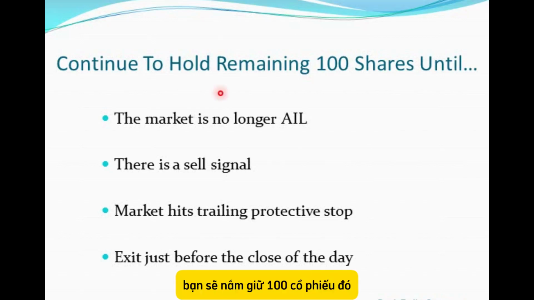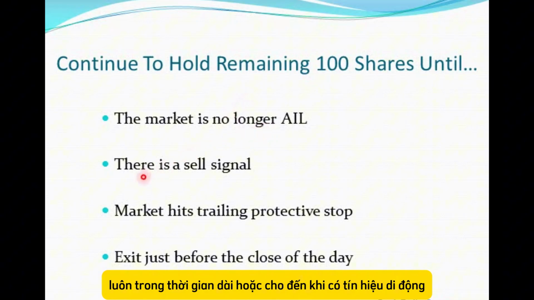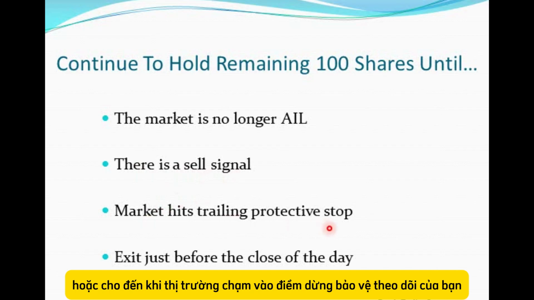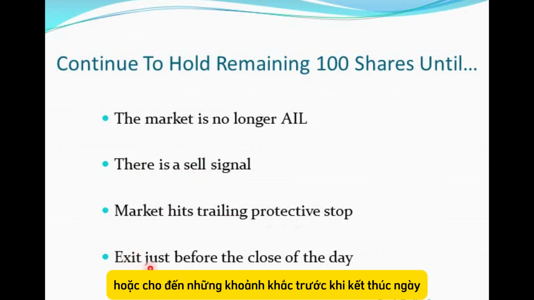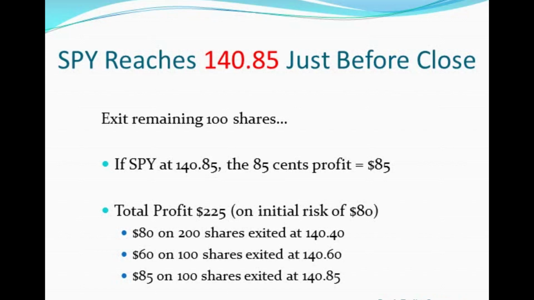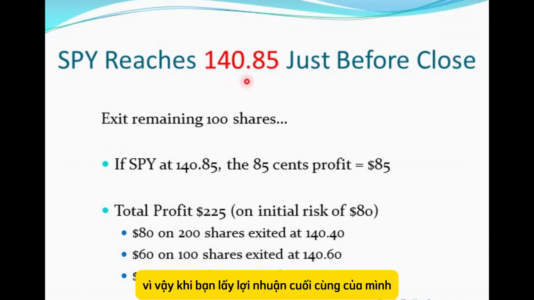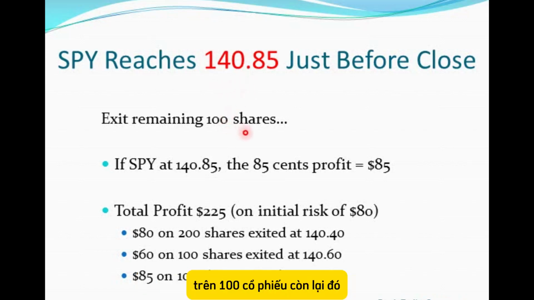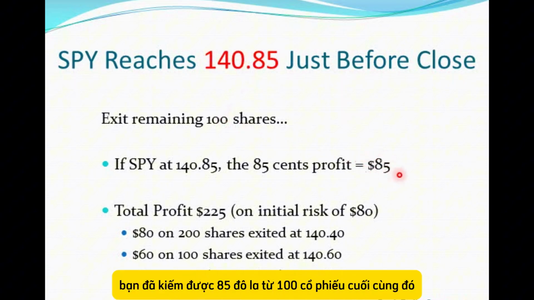You would hold those 100 shares until the market was no longer always in long, or until there was a sell signal, or until the market hit your trailing protective stop, or until moments before the close of the day, which is what we did in this particular case. So when you took your final profits on that remaining 100 shares, you made $85.